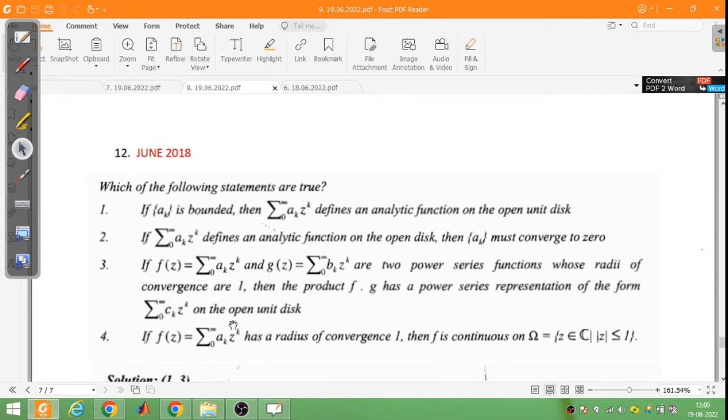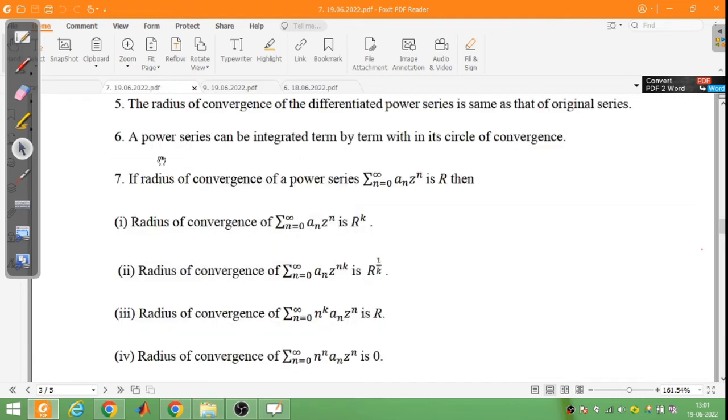If you have time, you should collect the June 19 paper and work out that question paper. So for these types of questions, we have to remember all the properties. That's why I am giving these properties.